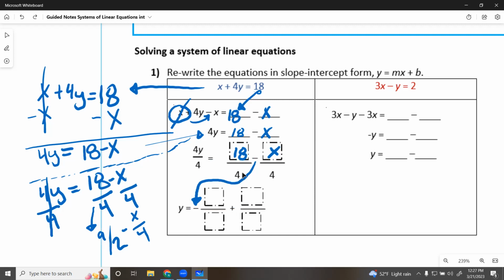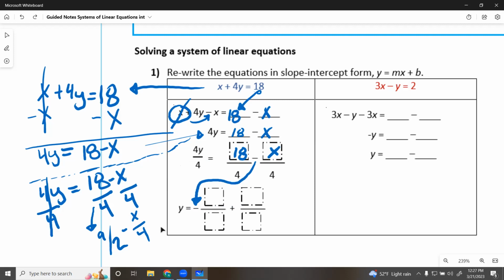So it's the equivalent of saying x over 4 minus 9 over 2 is the same as saying negative 9 over 2 plus x over 4.